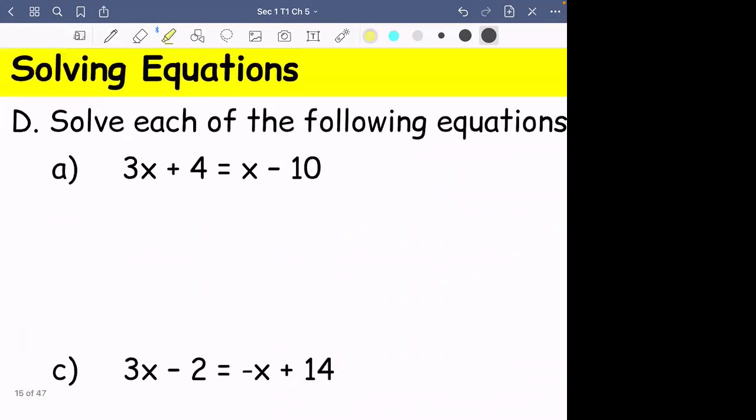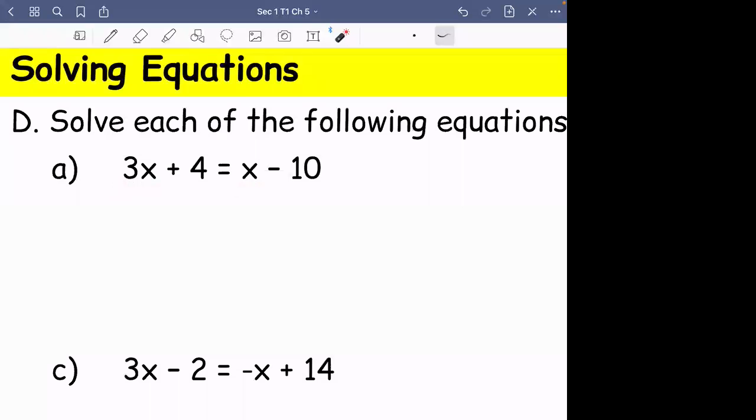Now look here, class. We have x now. This is our problem. We have two x's in opposite sides: 3x here, and x here. The first step when you have two x's like this is to put them together in one side.